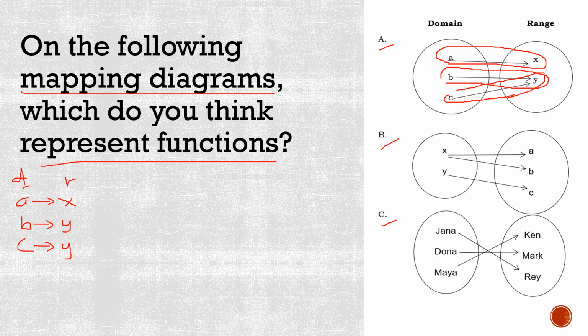Now, again, since there is no repetition with your X value or your values under your domain, your letter A represents a function, because it represents a one-to-one relationship between your A and X and a many-to-one relationship in your B, C, and Y. Both your B and C can provide you a value of Y, or your B and C are both mapped to your Y. So that will be a many-to-one.